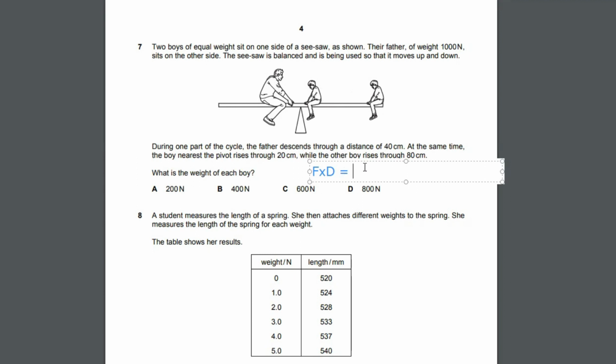So it will be the weight W into D1, the first boy's distance from the pivot, we'll put this in brackets, plus the weight of the second boy, W again, into D2.